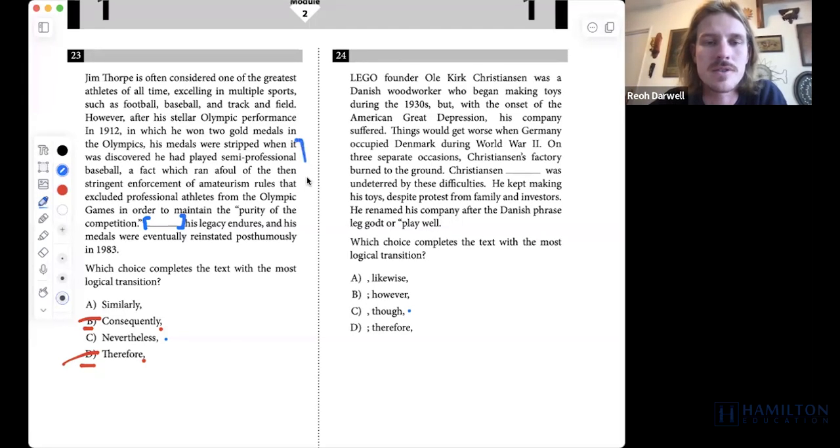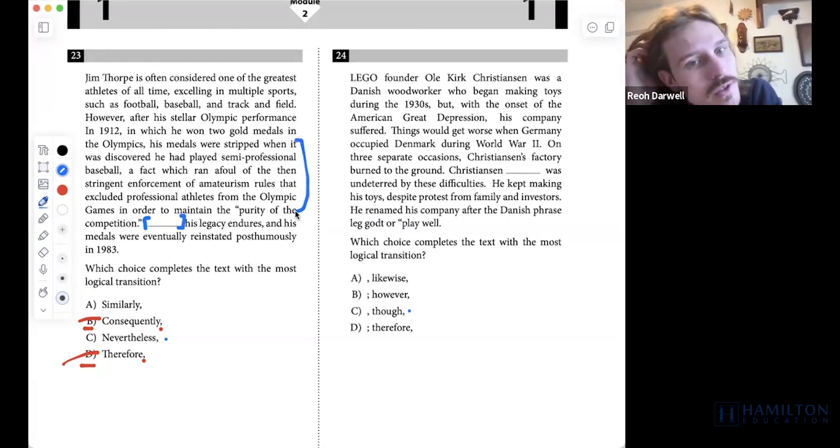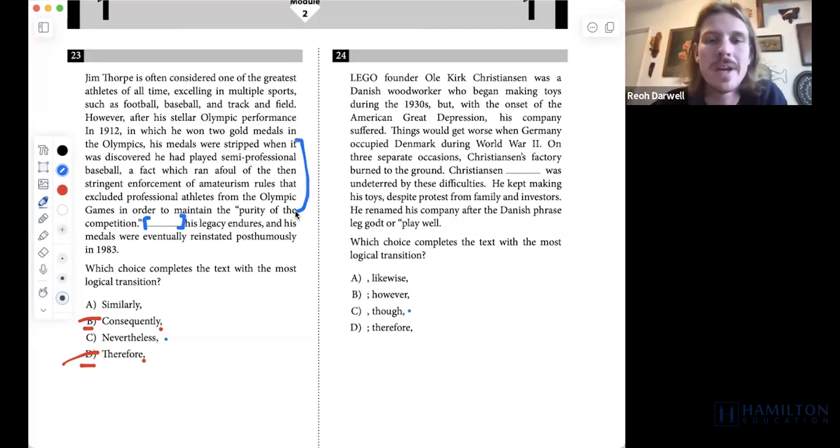So this shows how his medals were stripped due to the Olympics, right? Which was insane back then. But now he, nevertheless, is still seen as a legend. So him having those Olympic medals stripped of him doesn't change things, right?